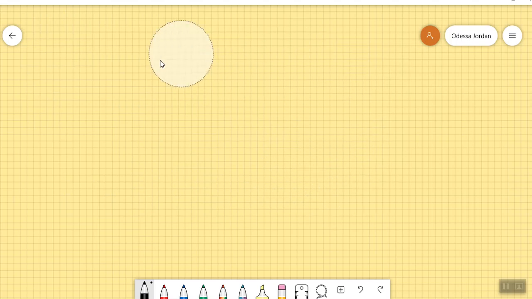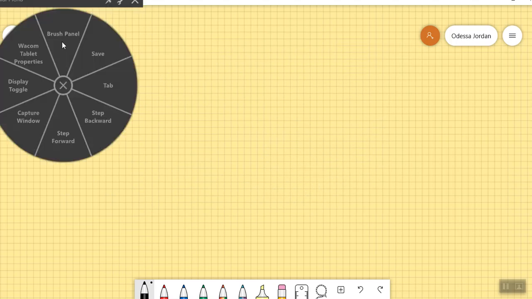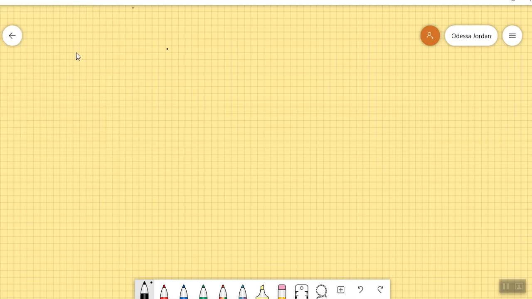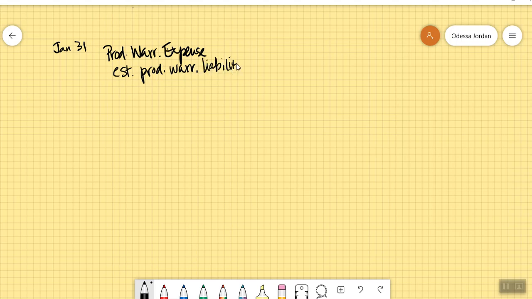Then we also have to show on January 31 that we had the product warranty expense and the estimated product warranty liability of 10,800.